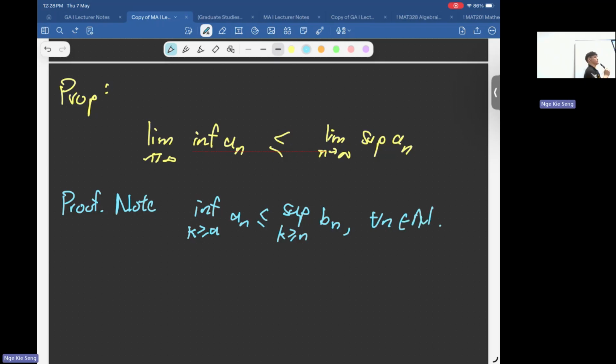Now we need to settle the case for limits. How do we prove it for limits in this case? What's our goal here? Our goal is very important. If you cannot write out the goal, then pretty much you are lost.